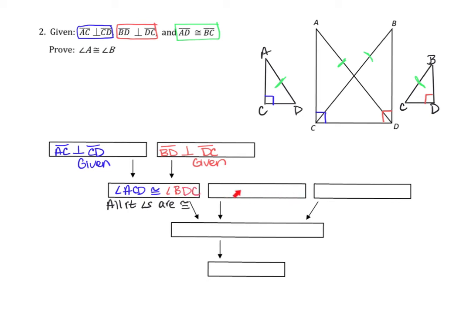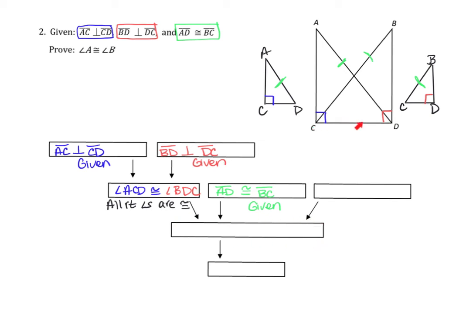Logically, we would want to list our next piece of given information, which was the segments that were congruent. So that means segment AD would be congruent to segment BC, and that was given. We need one more piece of information to go here to determine whether or not the triangles are congruent.